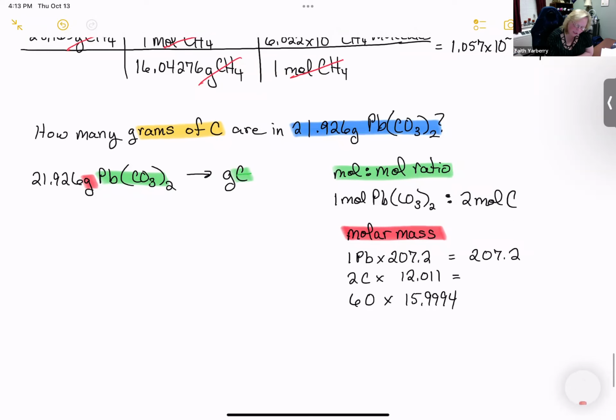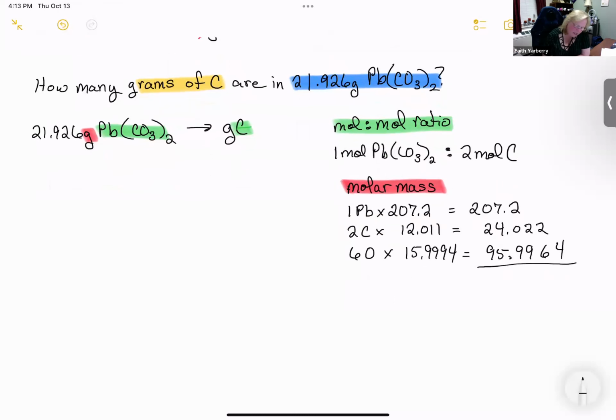The carbon contributes 24.022, and the oxygens contribute 95.9964. So the molar mass of the lead 2 carbonate is going to be 327.2184 grams of PbCO32 is equal to 1 mole of PbCO32.